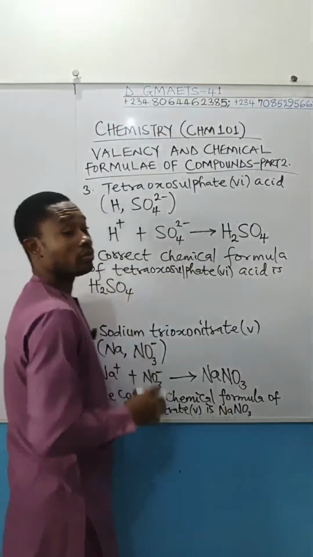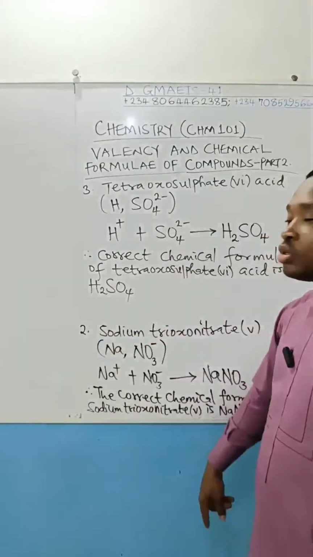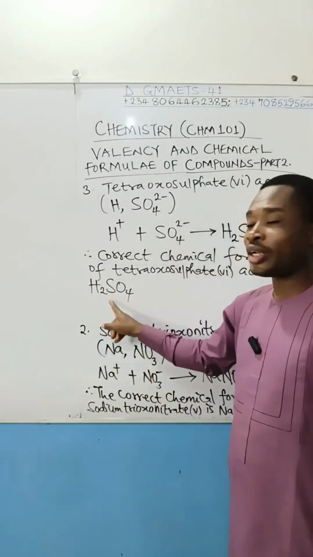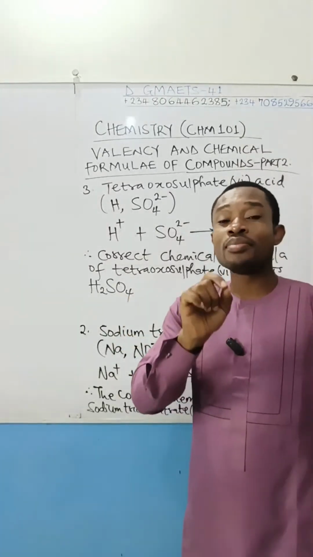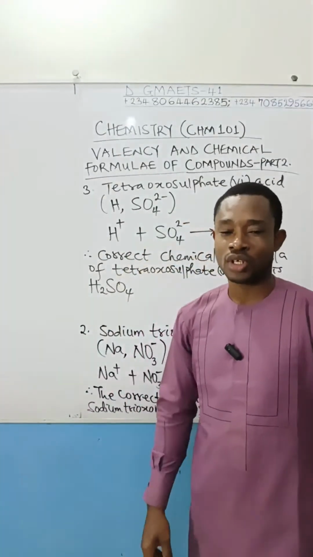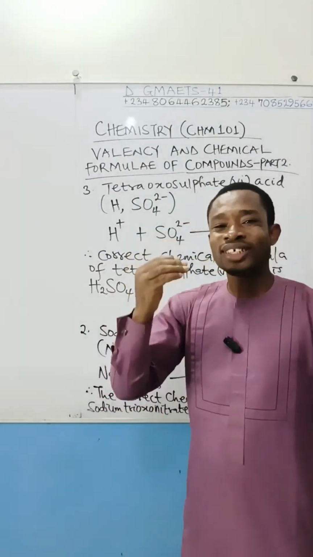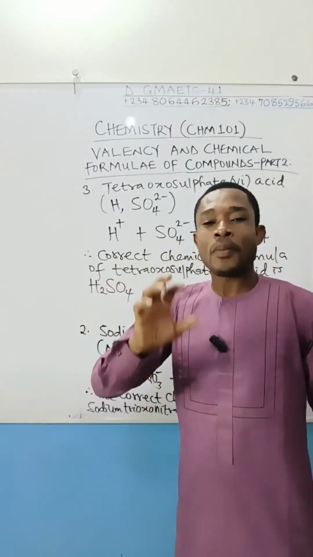Any other thing apart from this is wrong. So you can see the atomicity of hydrogen is 2, the atomicity of sulfur is 1, the atomicity of oxygen is 4. An examiner can ask you, what is the mole ratio of the component elements of a particular compound? I say that again. What is the mole ratio of the component elements of a particular compound?